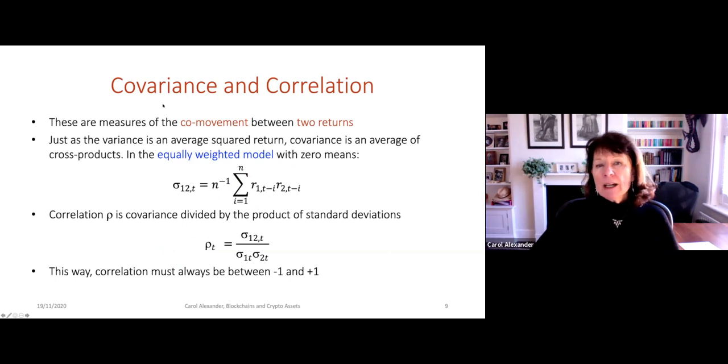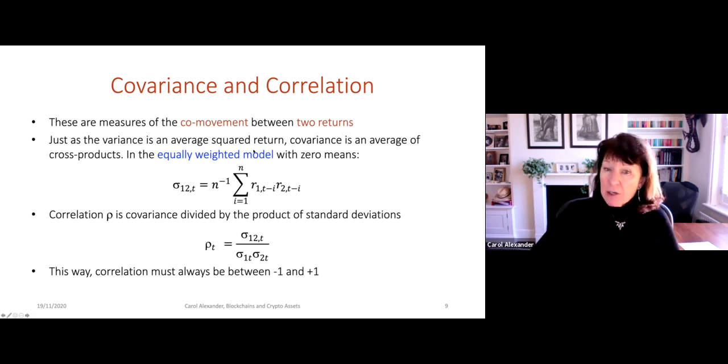So what do we mean by covariance and correlation? Well, they're measures of the co-movement between two returns. So just as the variance is an average squared return, covariance is an average of cross products.